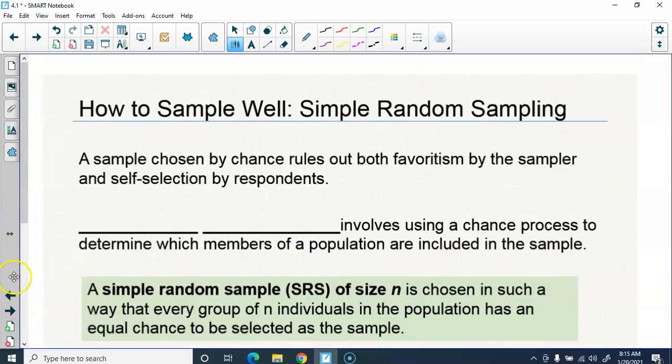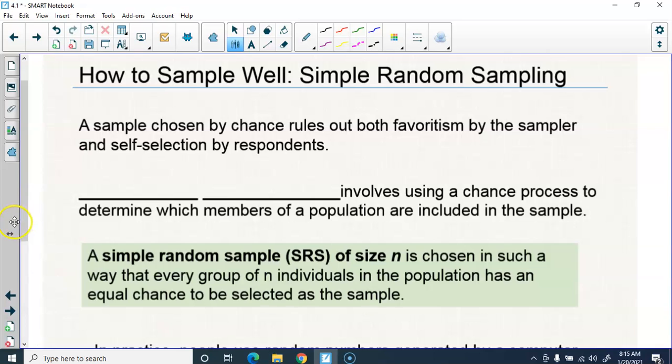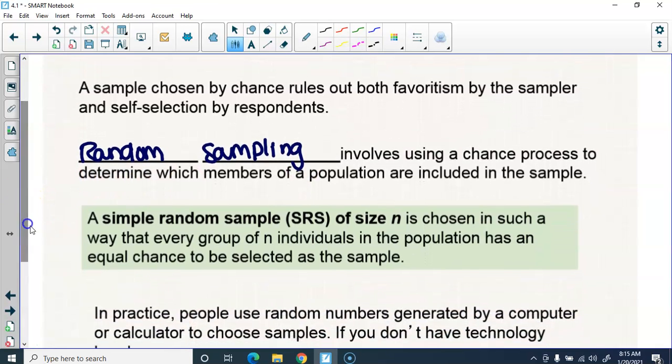Okay. So those were how to sample poorly, but how can we do a good job with sampling? And what we want, ideally every time, is a simple random sample. Oops, sorry. This should be random sampling, which involves using a chance process to determine which members of a population are included in the sample.